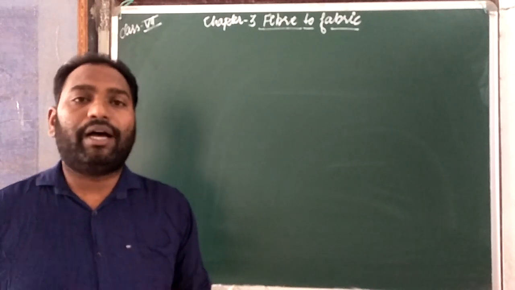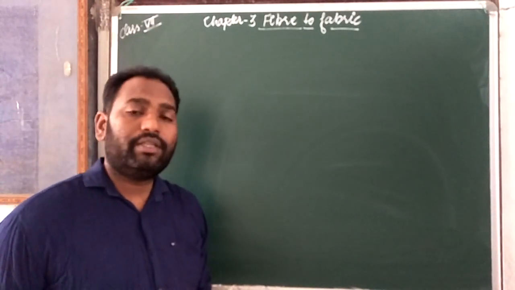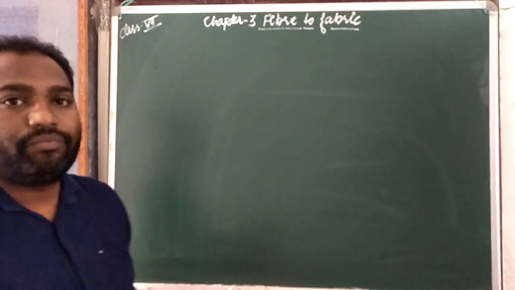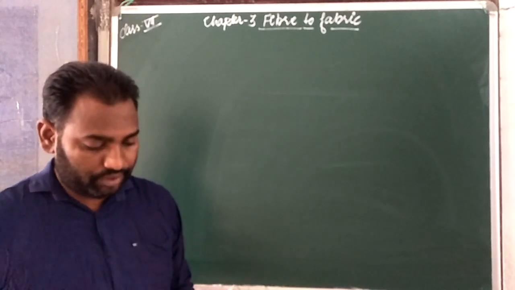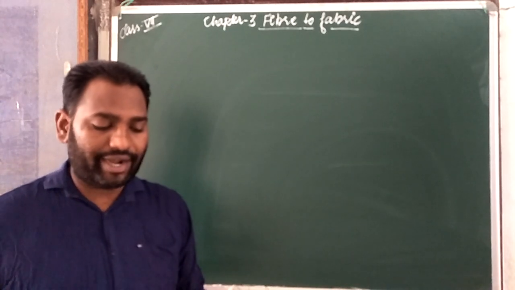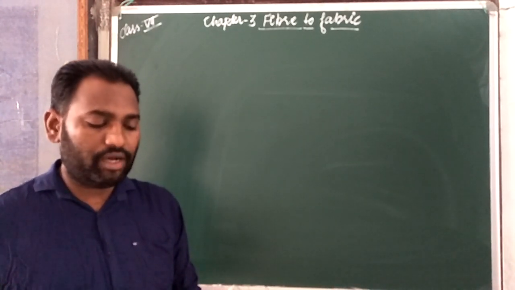Wool is an animal fiber, and silk is also an animal fiber. So these two are natural fibers. Silk is obtained as a long continuous strand from the thread-like filaments which the silkworm spins around itself to form a cocoon.